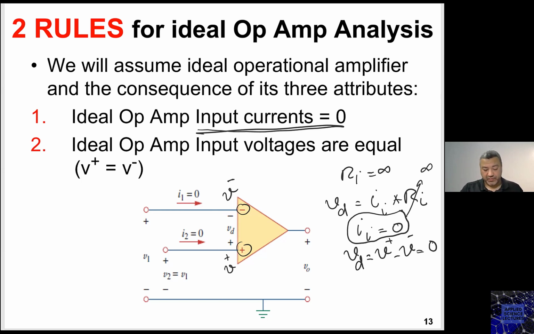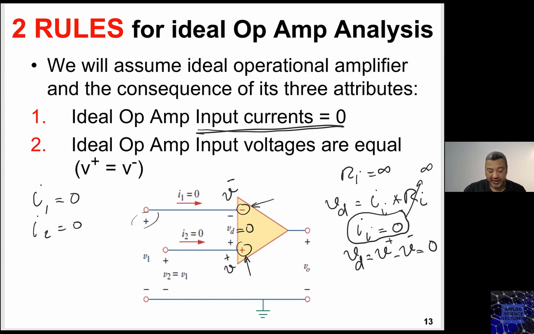So what does VD equals zero mean? Any current from either the non-inverting or the inverting input would be zero, so there will be no current withdrawn by this op-amp.